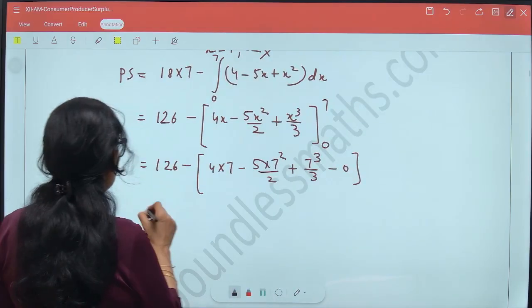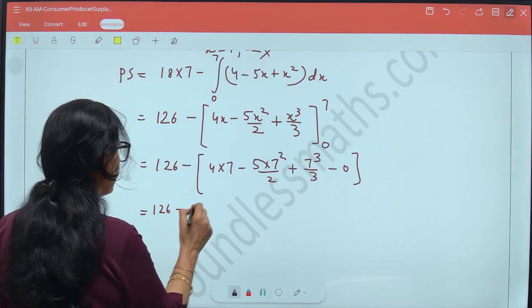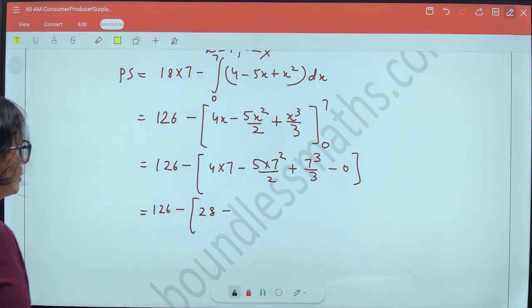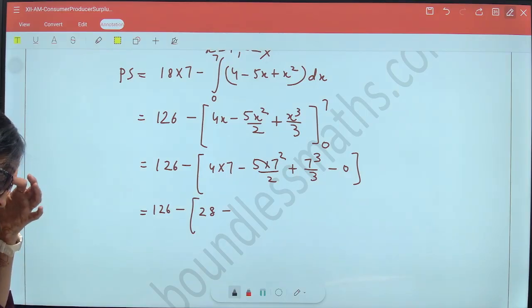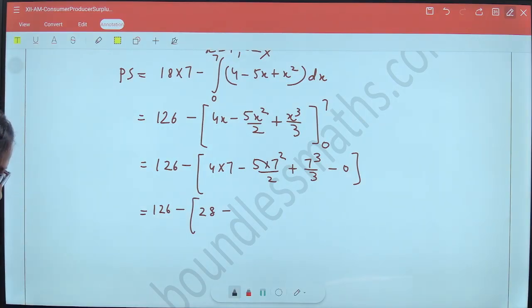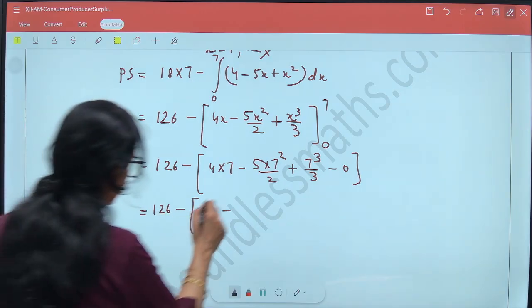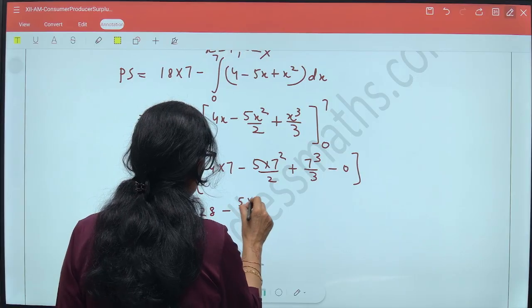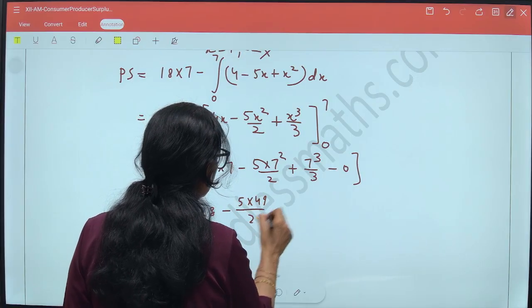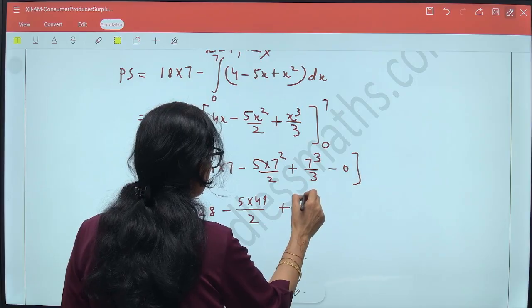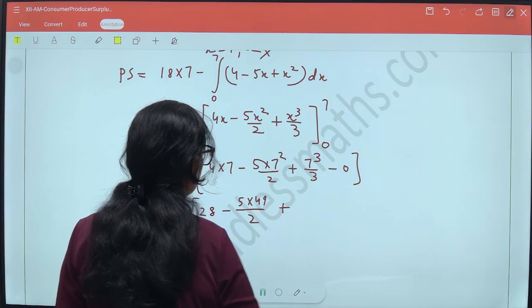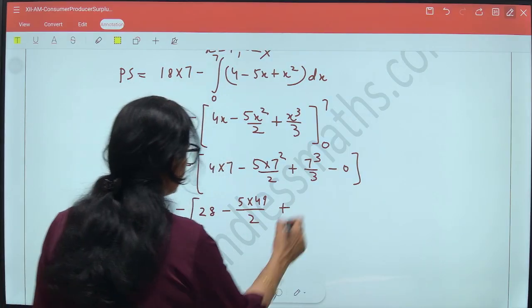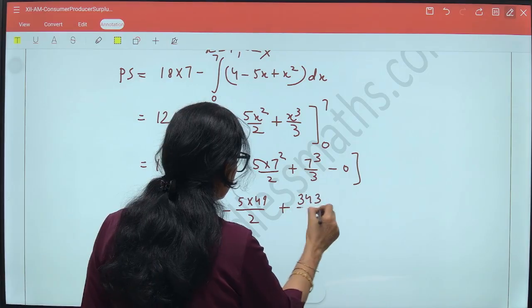Everything goes, so it is 126 minus 7 fours are 28, minus 5 into 49 upon 2, plus 7 cube. 7 square is 49, 49 into 7, 7 cube is 343. 343 by 3.